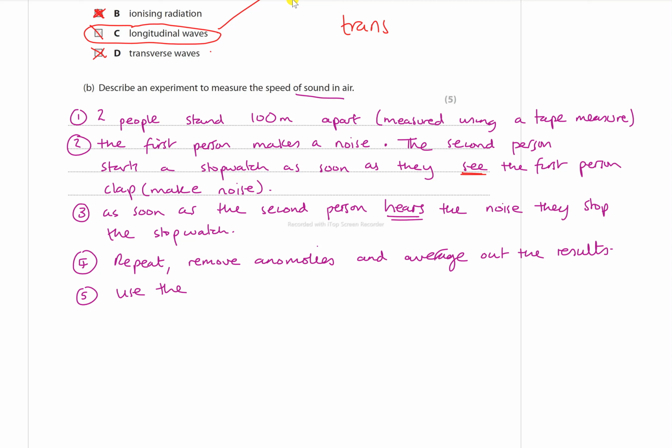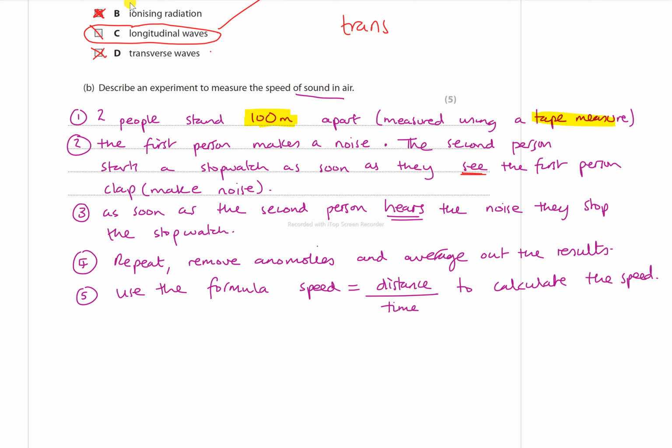Use the formula speed equals distance divided by time to calculate the speed. So this is just one way of doing it. There's lots of other ways. First of all, you've got a sensible distance.